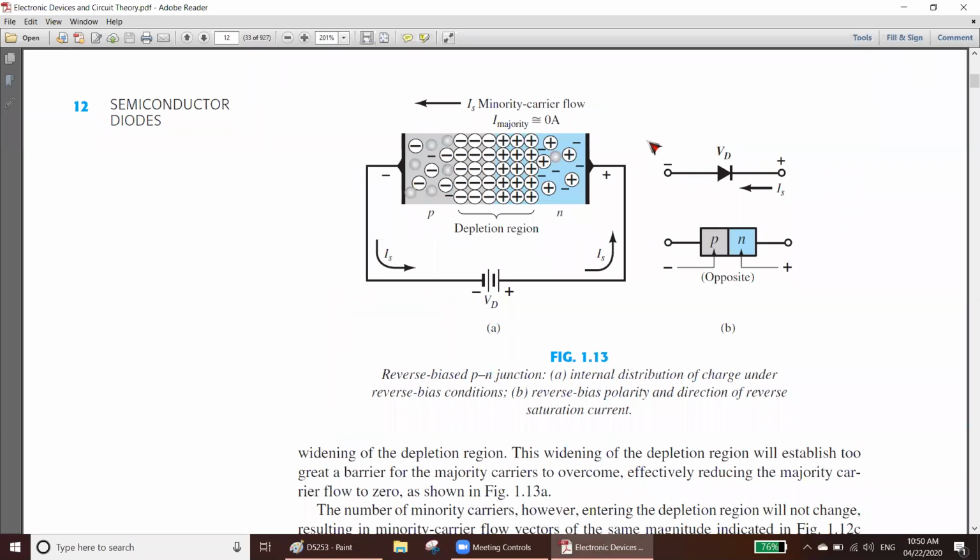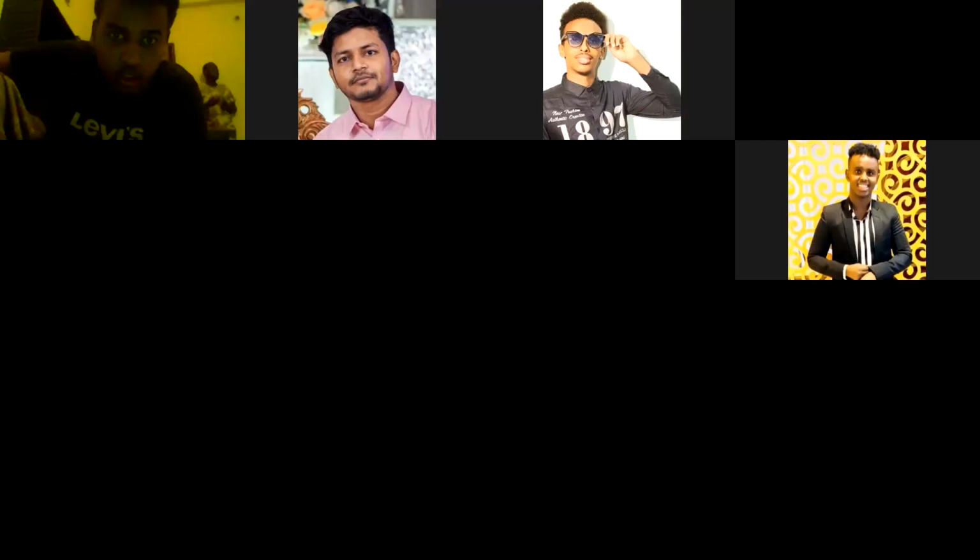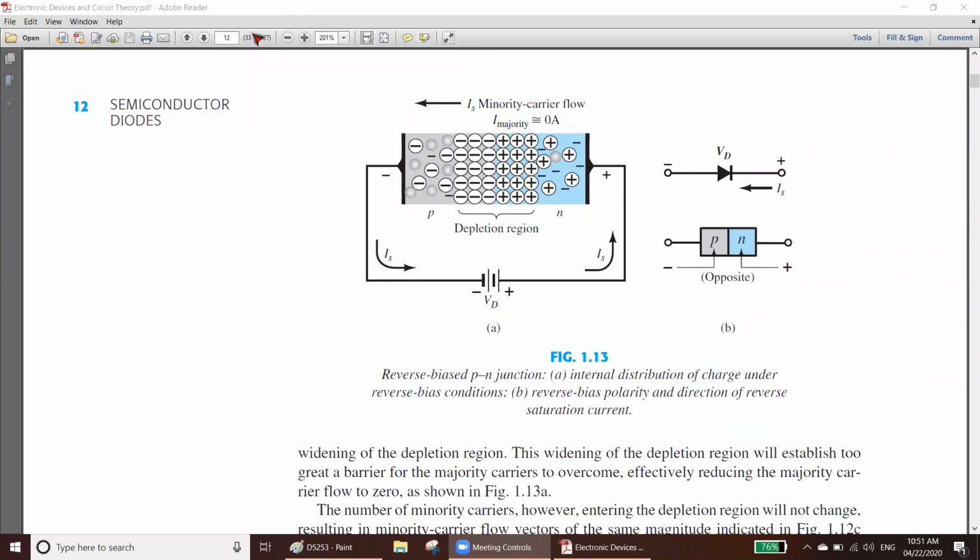Like the resistor and capacitor have symbols, this one will have a symbol as well. Now look very carefully.